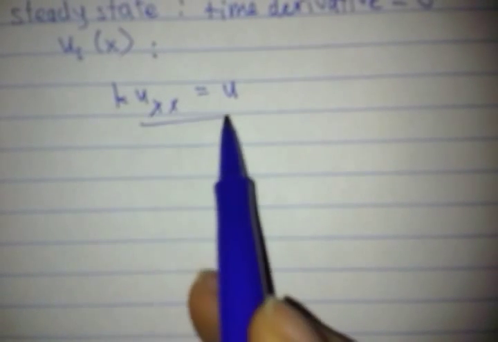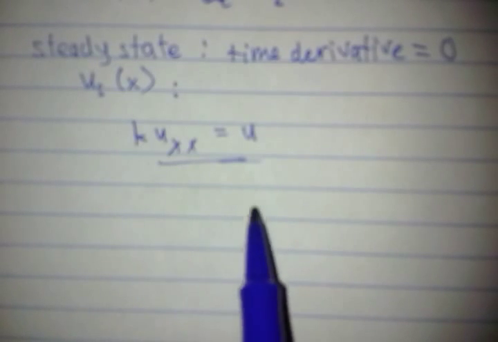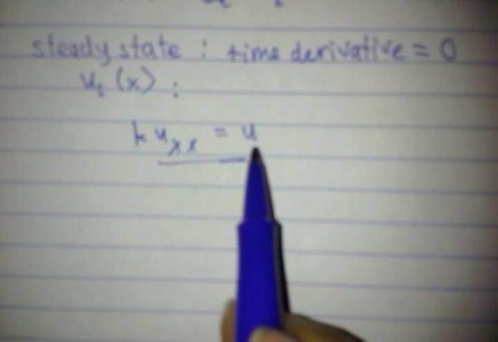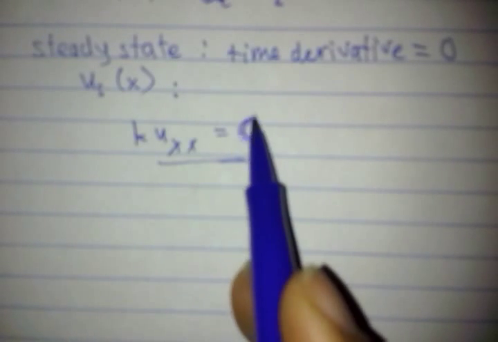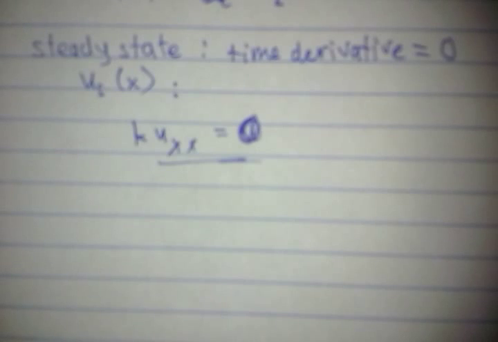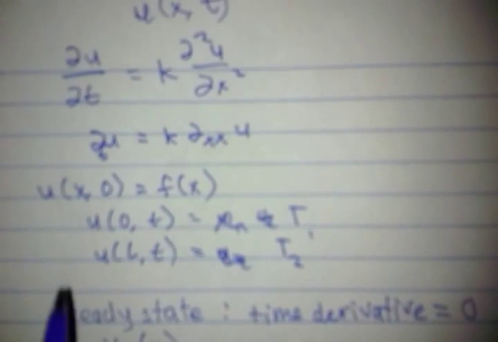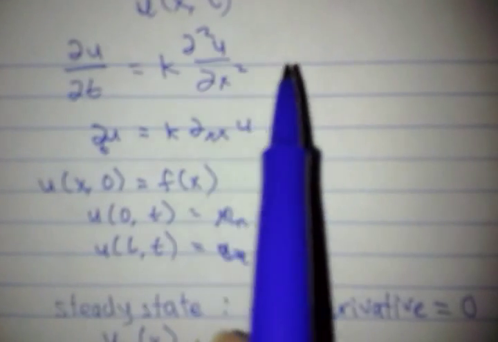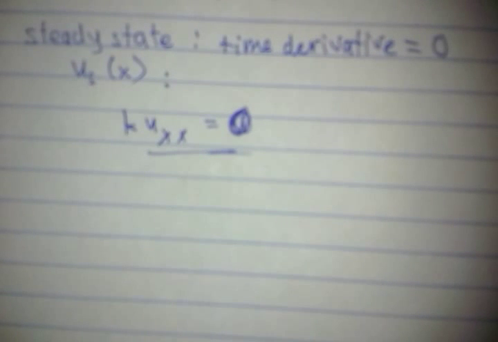The time derivative is not u, it's 0. Because if the time derivative is 0, then our original equation becomes 0 is equal to k times the second derivative with respect to x.